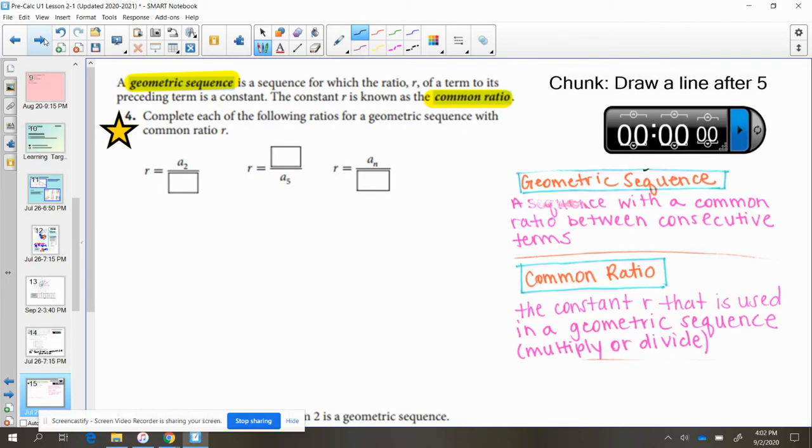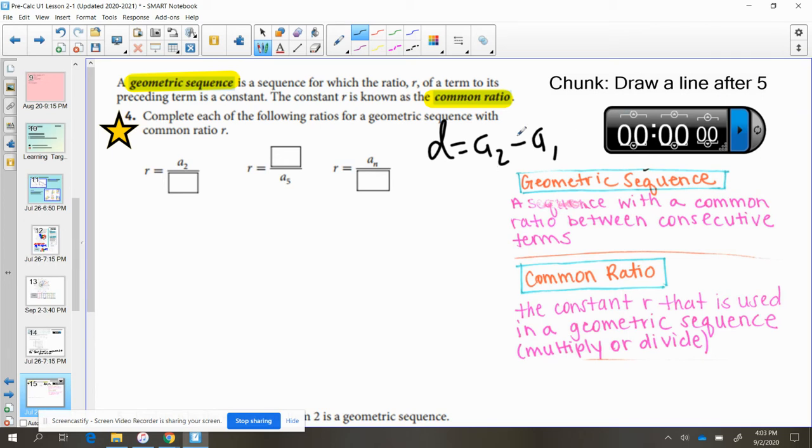But what this is, in fact, is an example of a geometric sequence. And instead of using the common difference with variable d, we're using a constant or common ratio r. Prior to this, when we talked about the common difference, we would subtract two consecutive terms, like a2 minus a1, right?